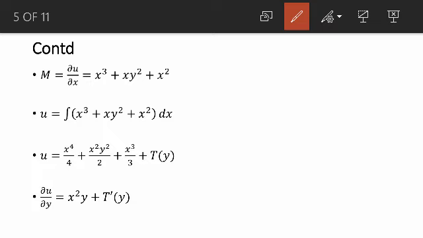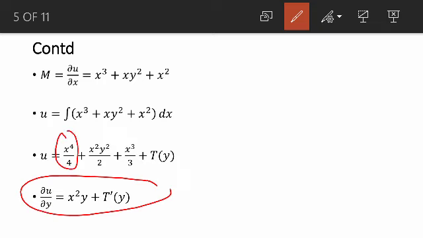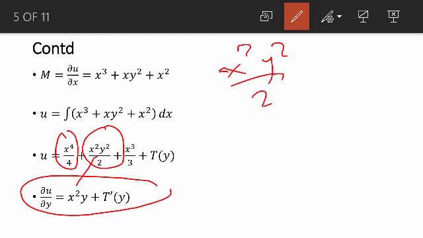So we can go ahead now to find du/dy. Du/dy, that means the partial derivative of u with respect to y, which is N. So when you differentiate this with respect to y, it's going to be 0 because it has no y. Then when you differentiate this with respect to y, it gives us x squared y. Because if you are differentiating x squared y squared over 2, the derivative will be 2x squared y all over 2.